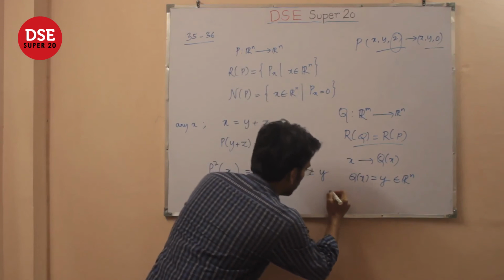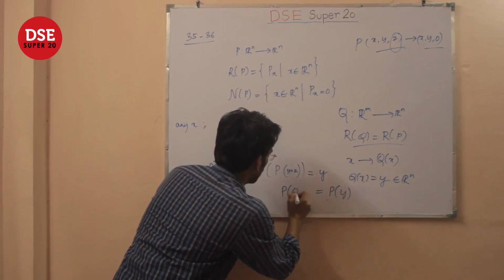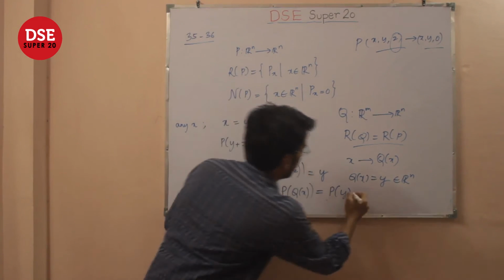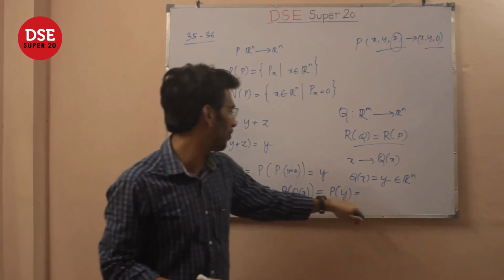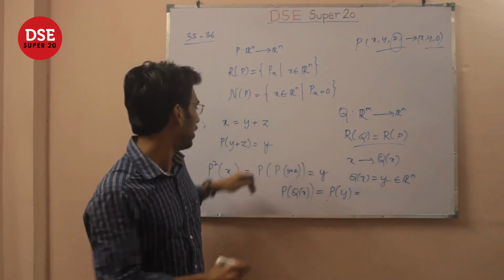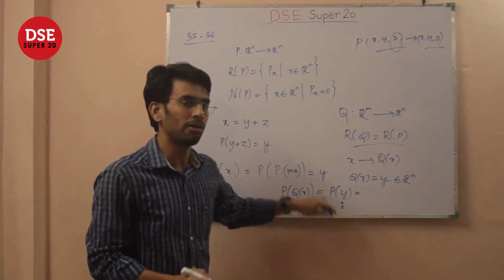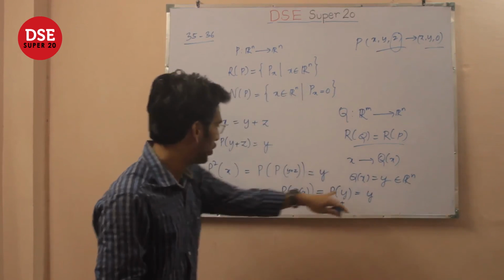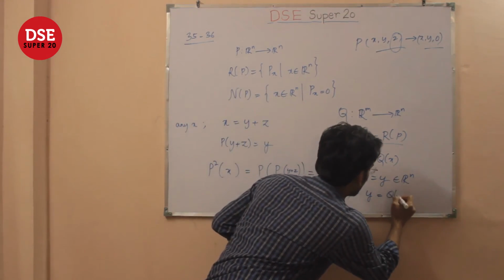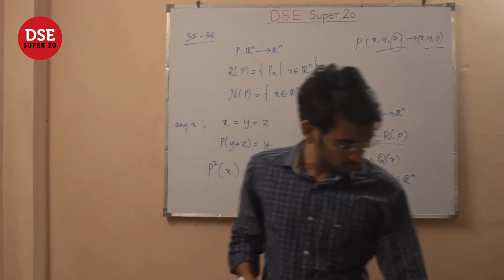Now consider P of y, which is nothing but P of Q of x. P of y is nothing but y, because y belongs to the range of P, and we can represent y as y plus 0, with 0 being a vector in the null space. So P of y is nothing but y, which is again nothing but Q of x. So what we have here is PQ is equal to Q, which is the second option.